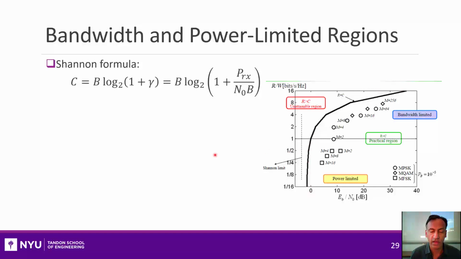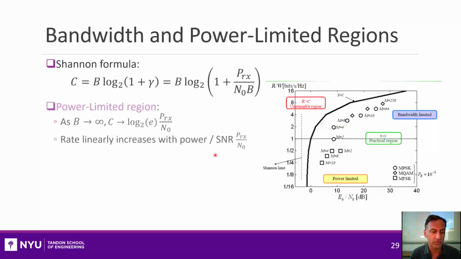Now, when you look at this graph, communication theorists like to think of two key regimes. The low SNR regime is what's called the power limited regime. In this case, imagine that the bandwidth goes to infinity. Then you have this term going up, but this term going down, and when you take the limit, you get that the capacity is just given by this simple formula here.